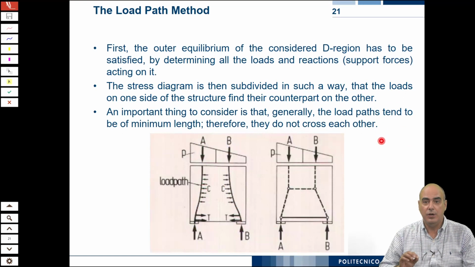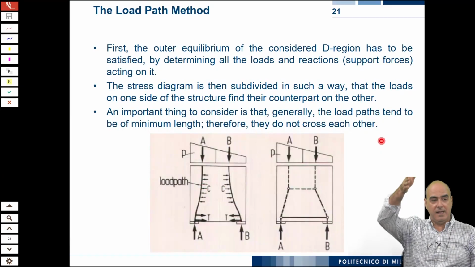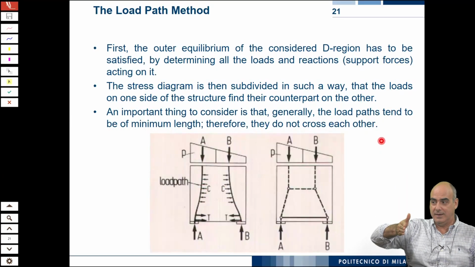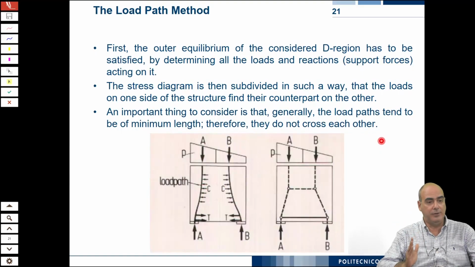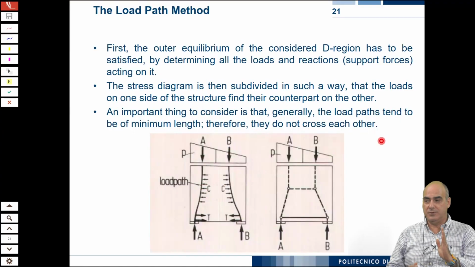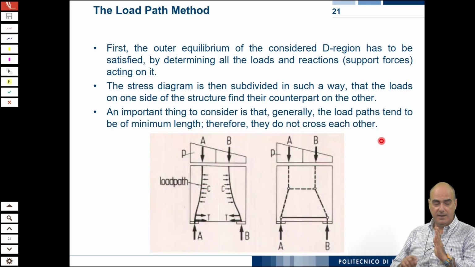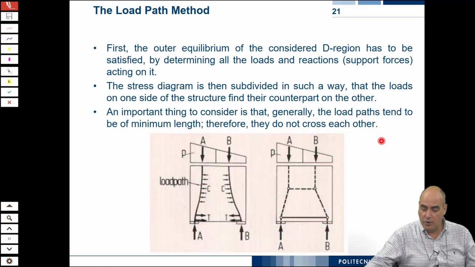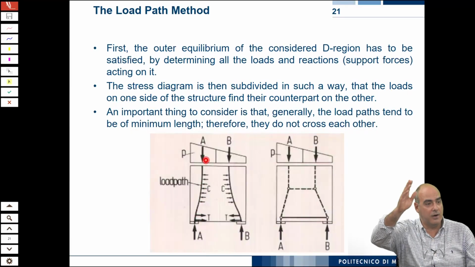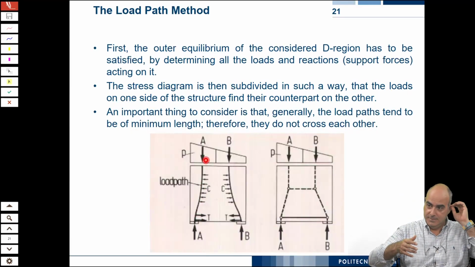And you also know that if there is a vertical load, the stress field will start vertical there. Like at the support, you know that your stress field will have some boundary constraint. They have to start vertical when a vertical force is applied. Then you connect them with this curved path.